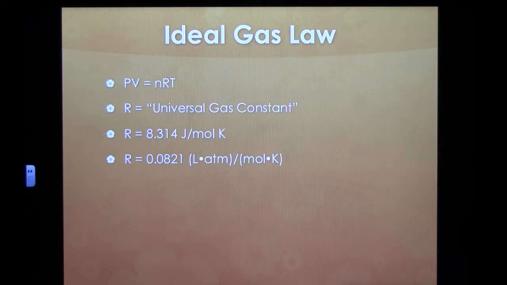The units for this R are liter atmospheres per mole Kelvin. It is important to note that when using the ideal gas law, all temperatures must be absolute temperatures, measured in Kelvin, and all pressures must be absolute pressures, not gauge pressures.